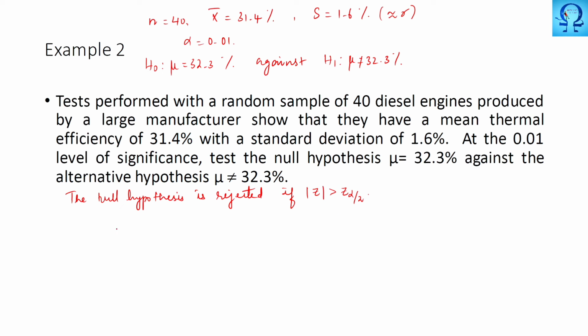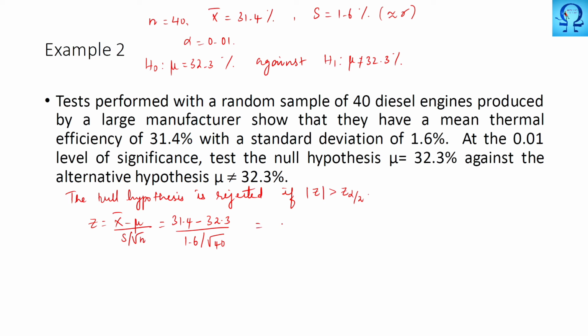Okay. Now let us calculate the z values. Z value is what? X bar minus mu upon s upon under root n. Isn't it? So it is 31.4 minus 32.3 divided by s value is 1.6 upon under root 40. Okay.